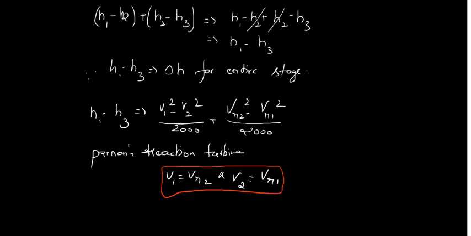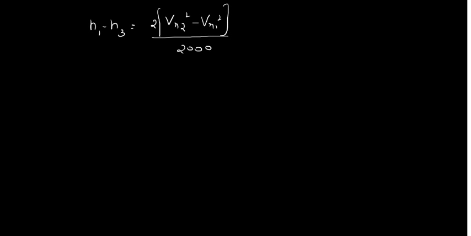Now, from this, you can write the relation H1 minus H3 equals 2 times (VR2 square minus VR1 square) divided by 2000. Or simply I can write the relation as 2 times (H2 minus H3) kilojoule per kg.